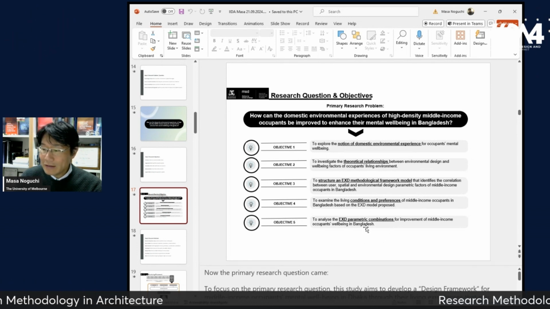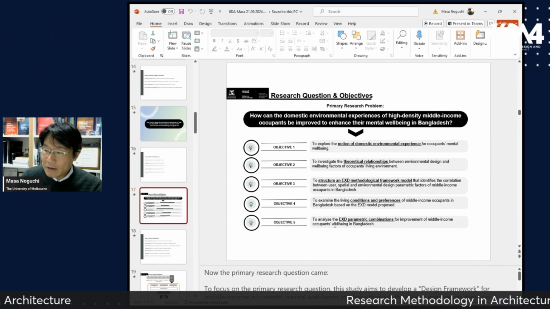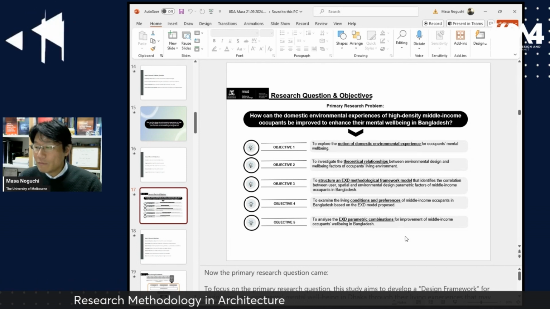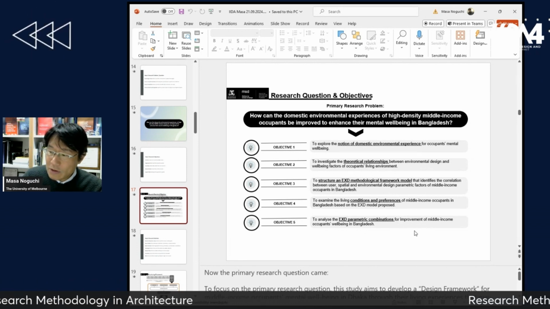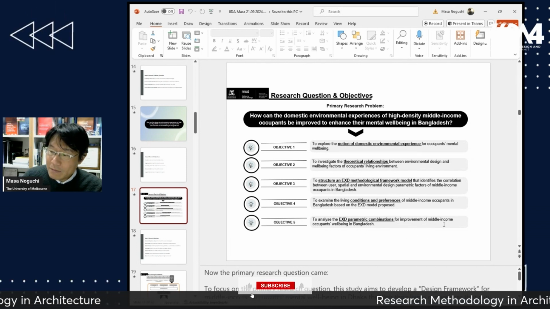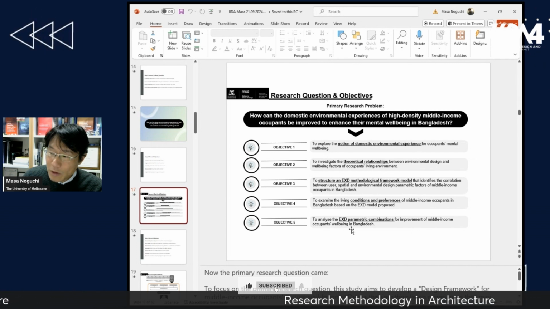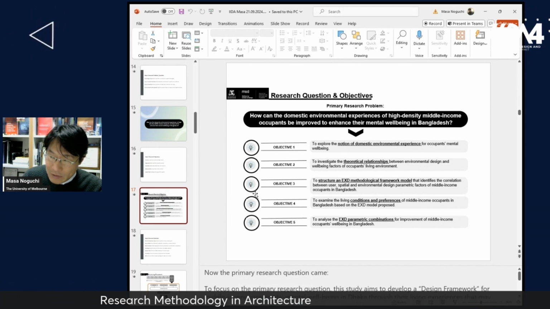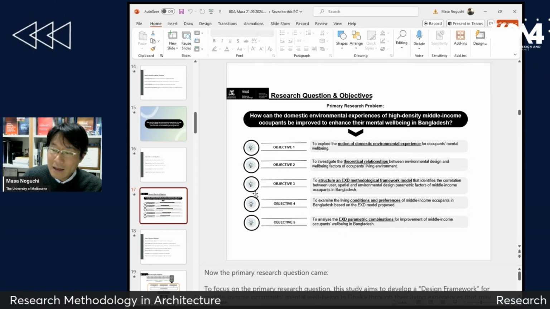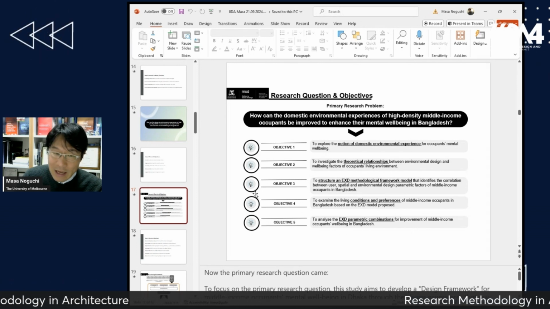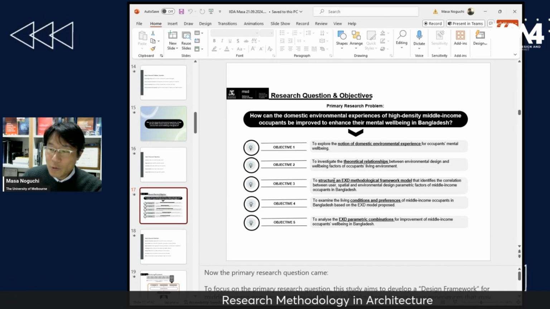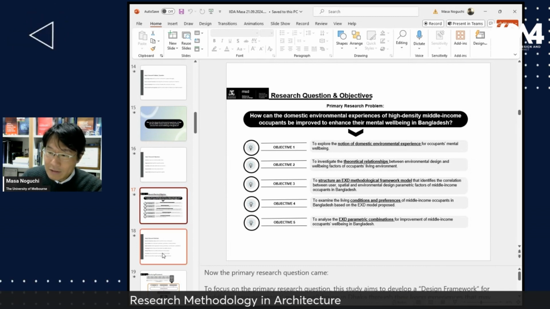That kind of thing is visualized through the proposed environmental experience design methodological framework for the purpose of improving middle income occupants' wellness in Bangladesh. So these are the objectives he developed. Once again, objectives are the action plan in order to answer the research questions.